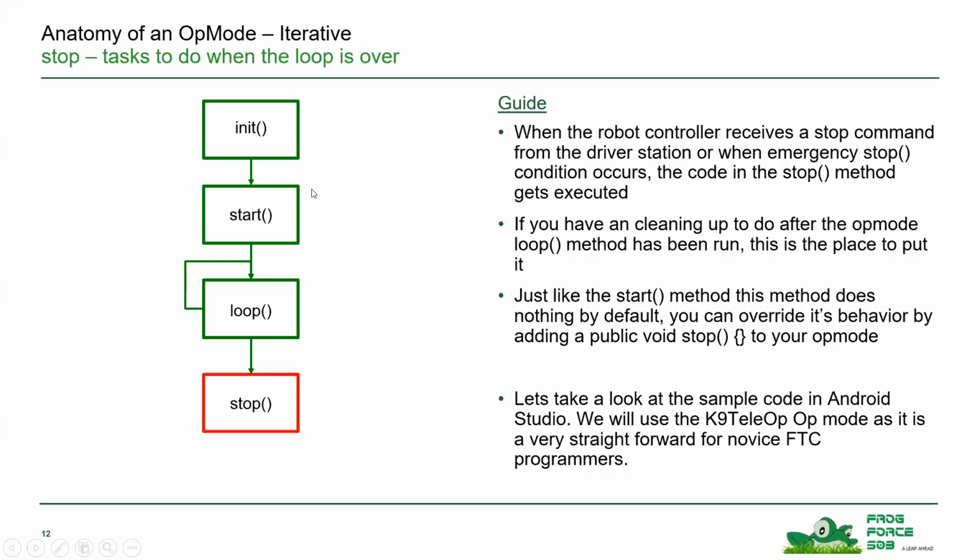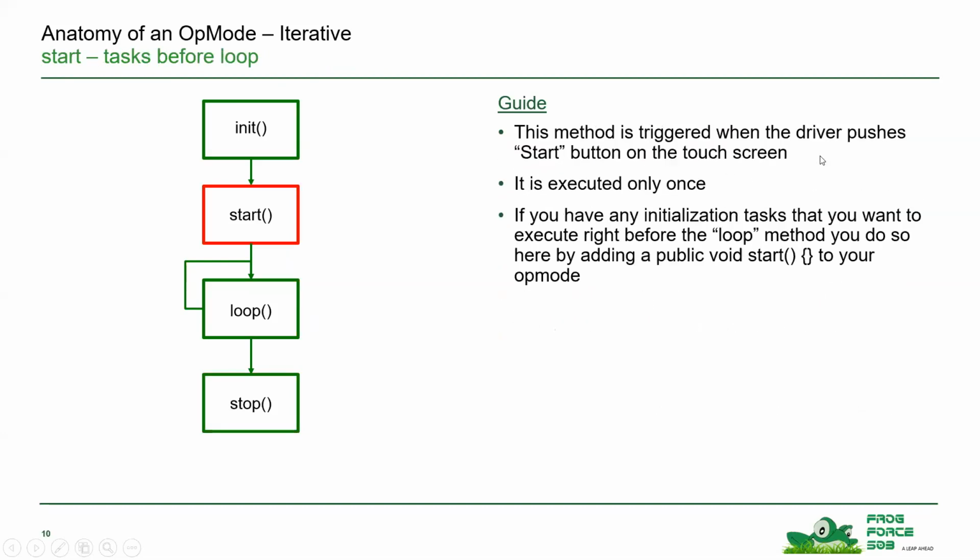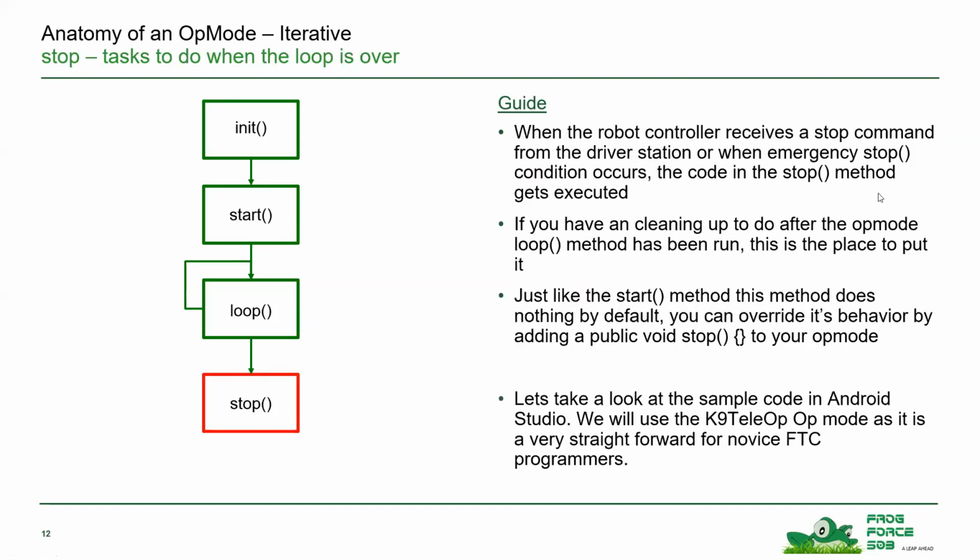Sanjit, 1 second. Can you explain, does everybody know what's the difference between the autonomous mode and the teleop mode? Some of you have done FTC before, so you might know, but all the kids who are new, do you know the difference between autonomous and teleop?